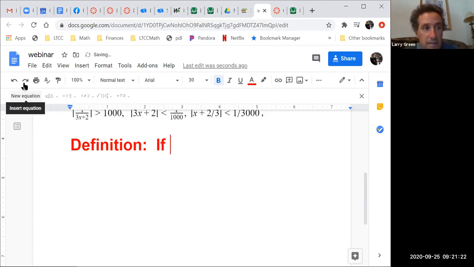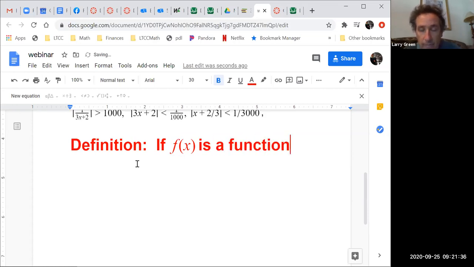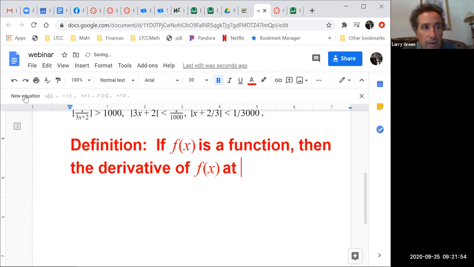If f of x is a function, then the derivative of f of x at x equals some number c is defined by, or is, and there's actually two different ways of notating the derivative.